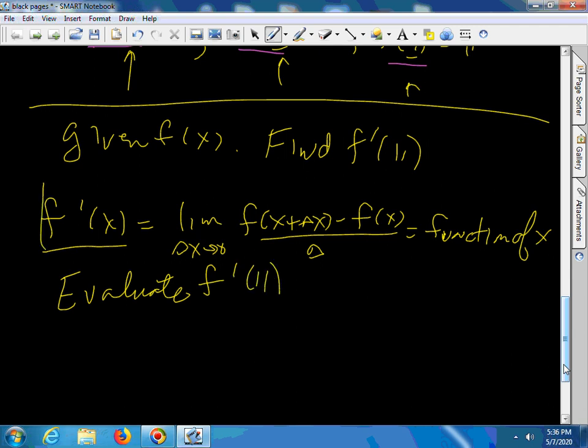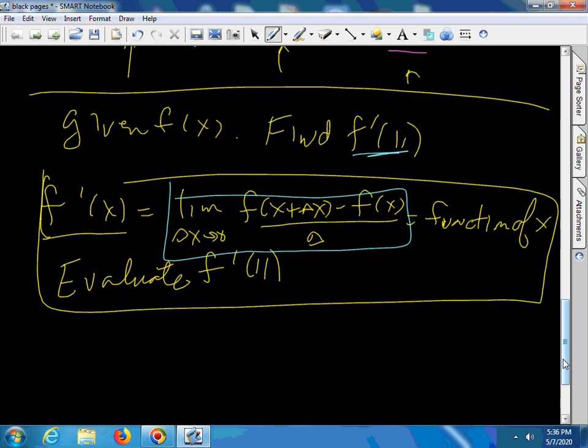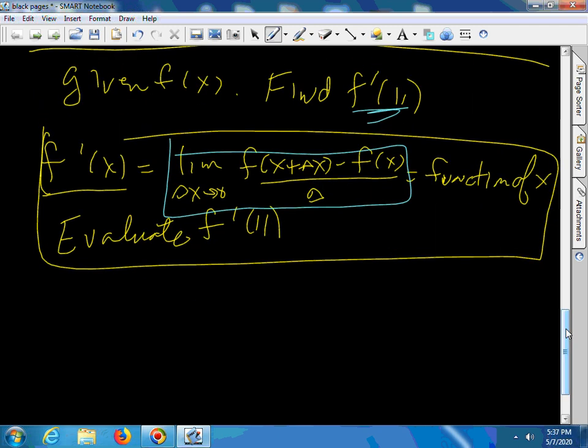So I do a limit and an evaluation if I use this definition. However, again, I only want to find f prime at one number. If I only want one number, I can go for it all in one step. Do one limit and have the answer.